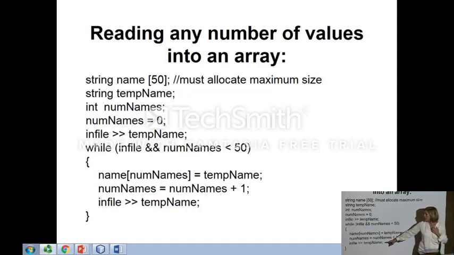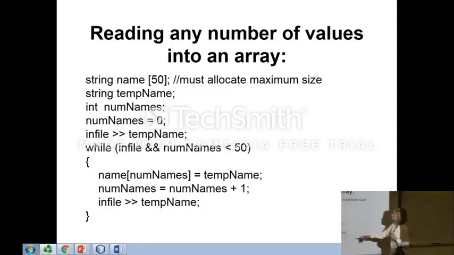I read in the next guy from the file, check to see if it was a good read, and check to see if I have room in the array. And I store the value that I read in into name sub 1. I bump it and read again, and so when I get all through, I know how many names I read from the file because the value is going to be inside numNames.